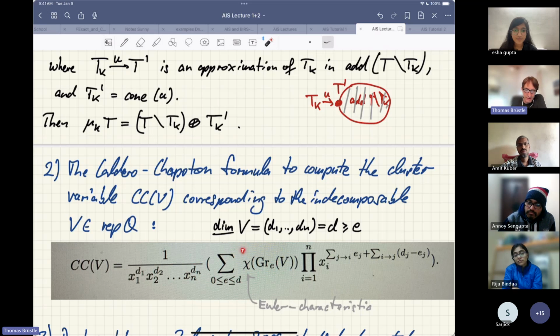So this formula alone does not prove the positivity conjecture. The coefficients you find here could be negative in general. It's a formula, but it does not bring us closer to the positivity conjecture. That's what it is.